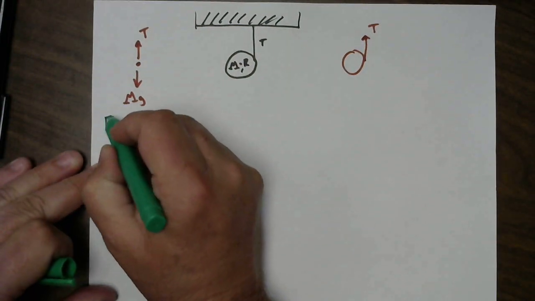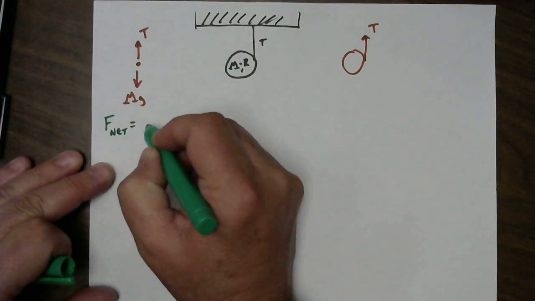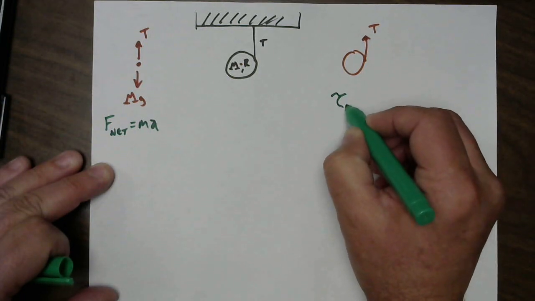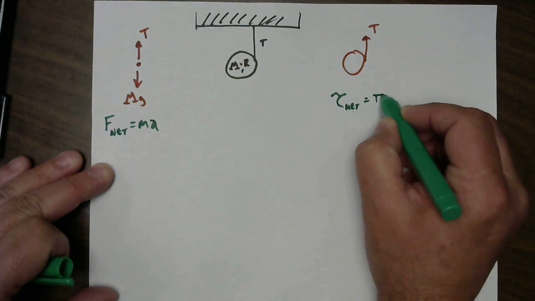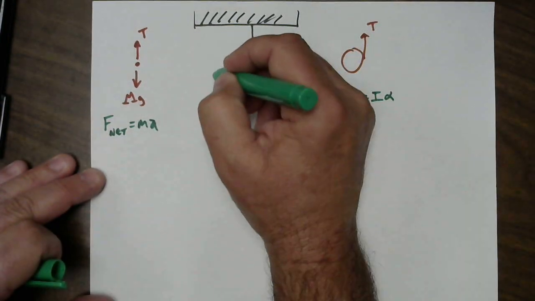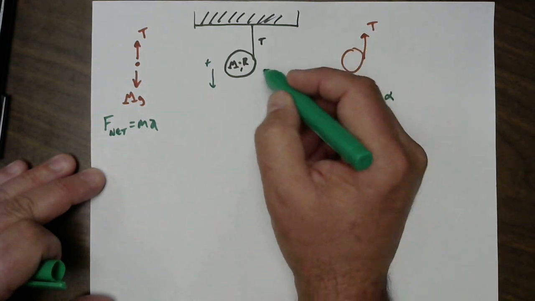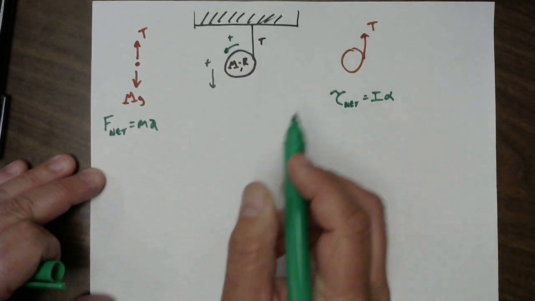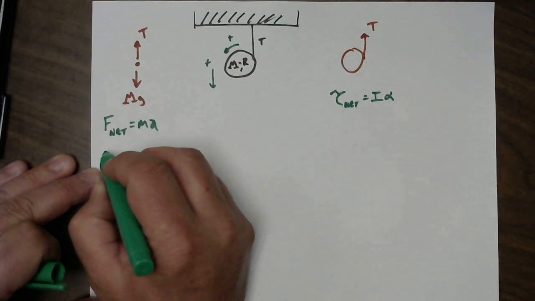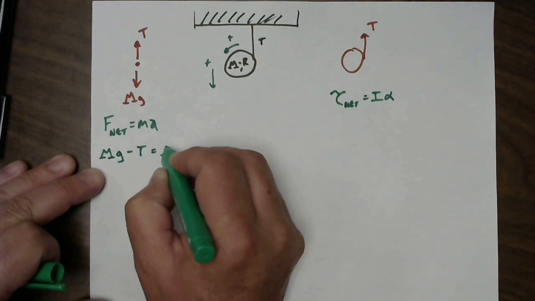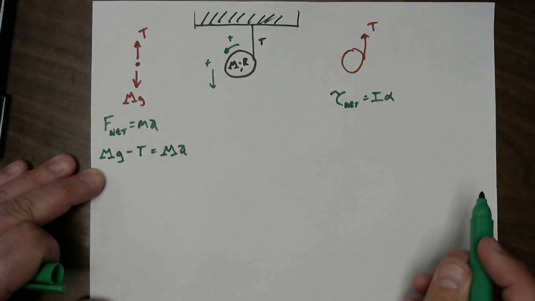We do Newton's second law, F net equals m times a. And over here, we do net torque equals I times alpha. Okay. We know that it's going to fall down this way, and we know that this thing is going to unroll this way, so those are going to be the positive directions. So m times g minus T equals m times a.